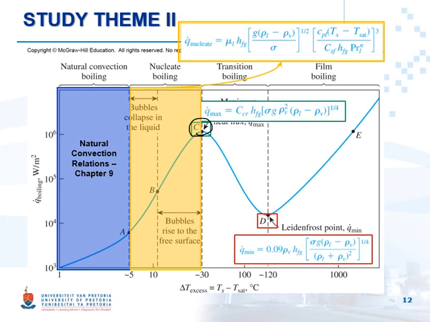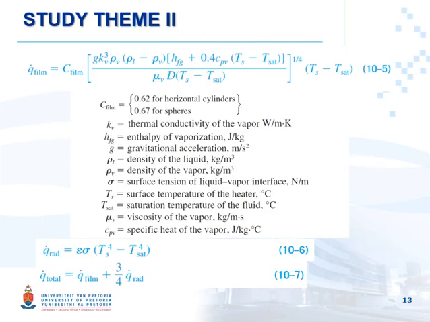How about film boiling? For film boiling, we have another correlation. Here you can see that Q dot film is another semi-empirical correlation. C film depends on the shape, thermal conductivity, enthalpy, gravity, density of liquid, density of vapor, surface tension, the surface temperature, saturation, viscosity, and specific heat of vapor.